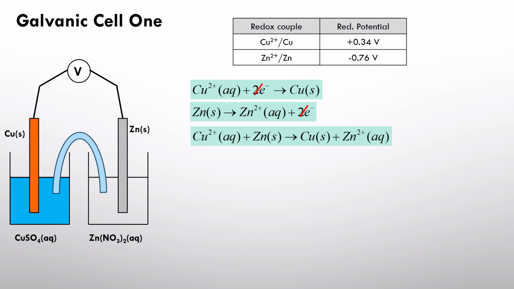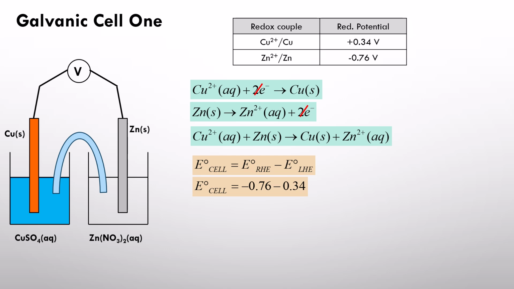So now what I want to do is calculate the E cell. What is the voltage produced by this cell? Now the E cell can be calculated by taking the right hand electrode reduction potential and subtracting the left hand electrode potential from it. So the right hand one here is zinc.